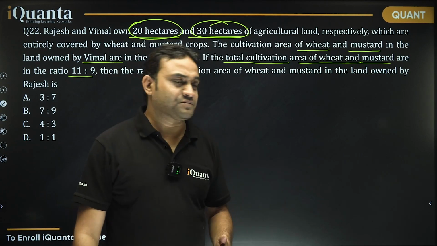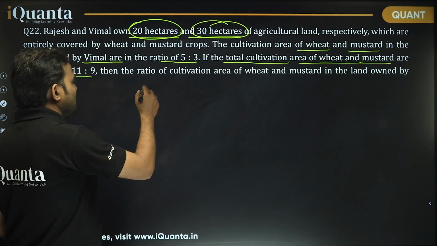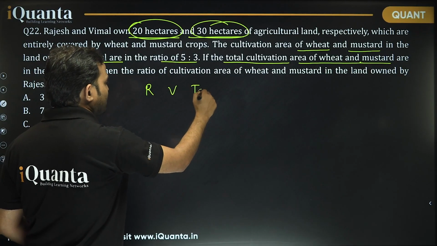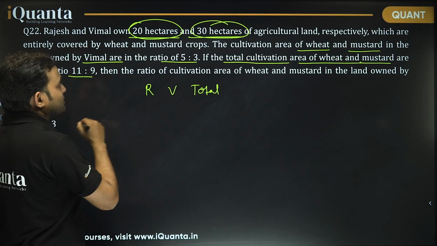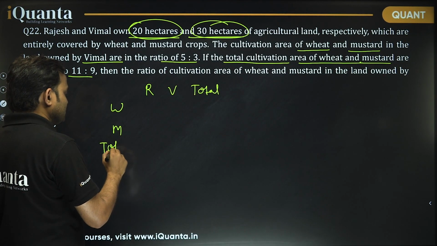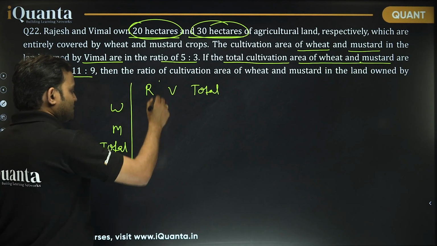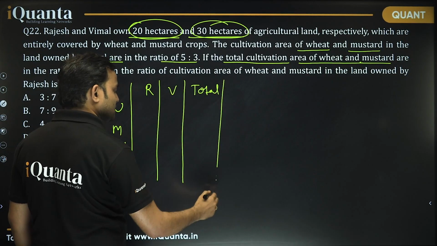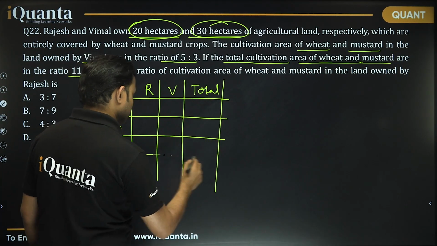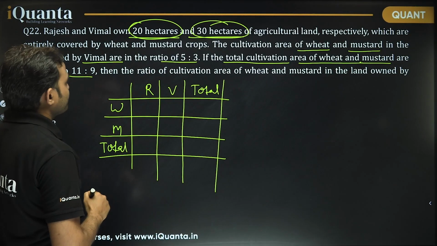So in this kind of situation, I love to make a table: we have 2 persons, Rajesh and Vimal, and then the total. Then we have 2 different crops, wheat and mustard, and then the total, right? So this table will be a big help in putting all these values.